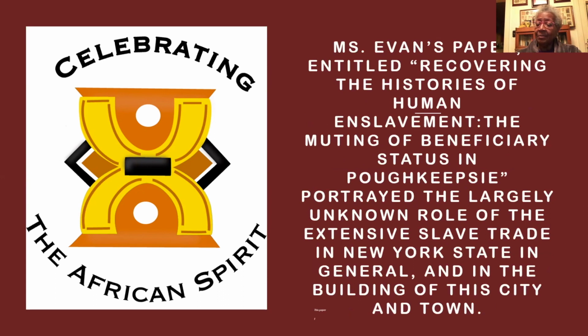Her paper was entitled, Recovering the Histories of Human Enslavement, the Muting of Beneficiary Status in Poughkeepsie. It portrays the largely unknown role of the extensive slave trade in New York State in general and in the building of this city and town.